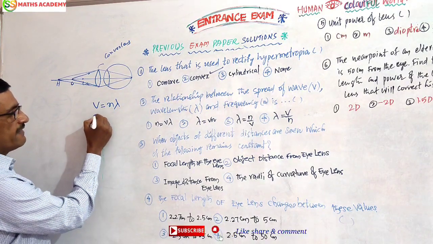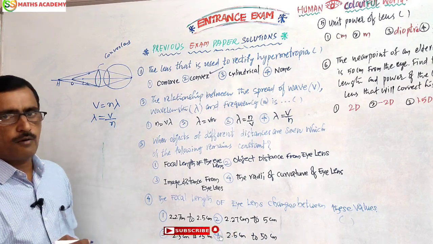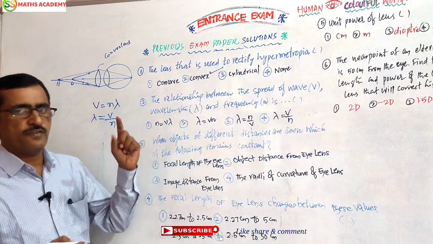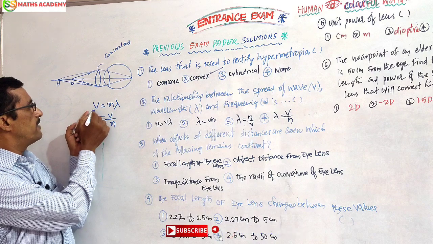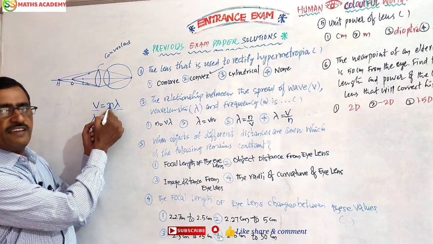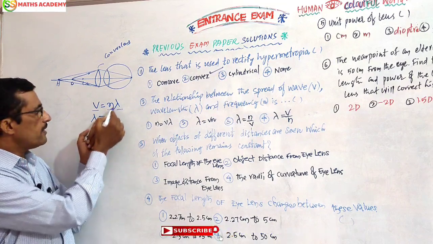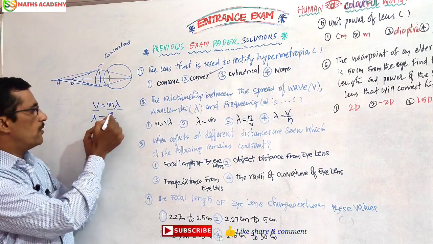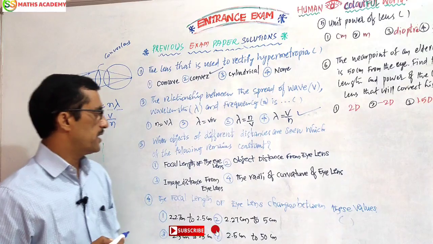Speed of light V equals n lambda, where n is the frequency of the light and lambda is the wavelength of the light wave. From this equation, lambda equals V by n. So the fourth option is the correct option.